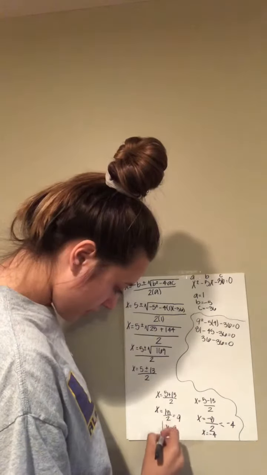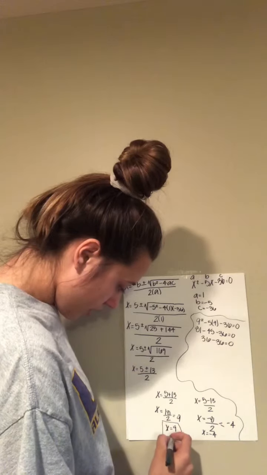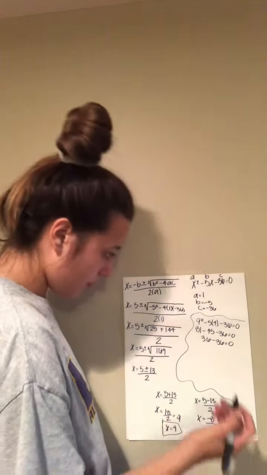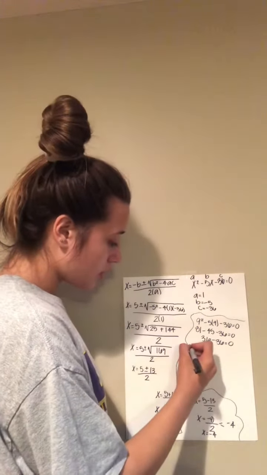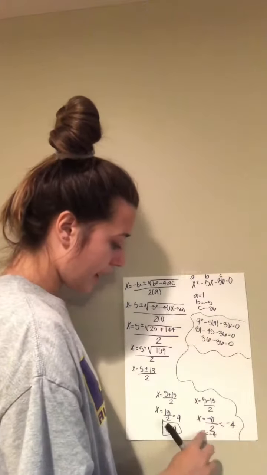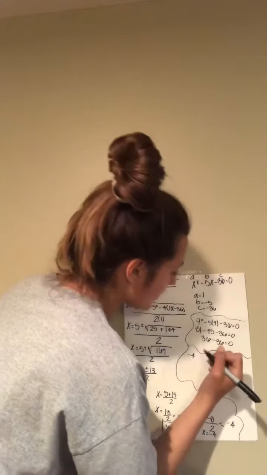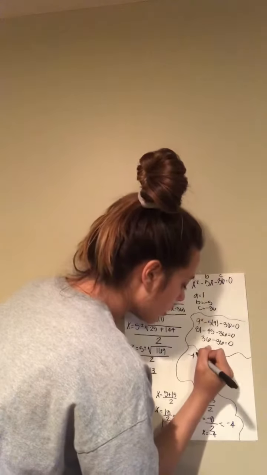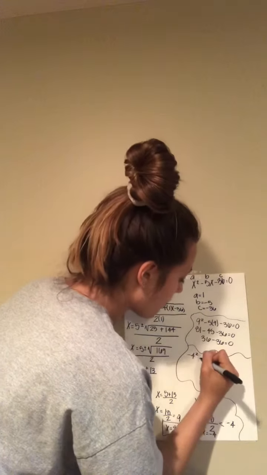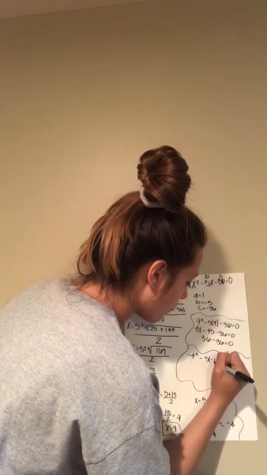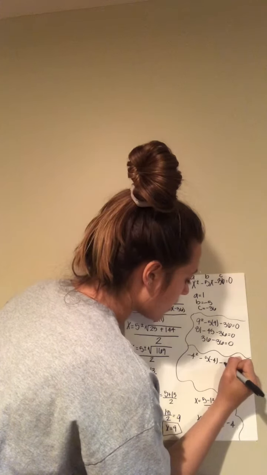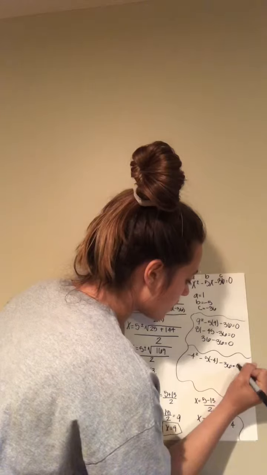So x equals 9 is a value. So let's move on and try x equals negative 4. So plugging in negative 4 wherever x is, so x squared, so negative 4 squared minus 5 times negative 4 minus 36 equals 0.